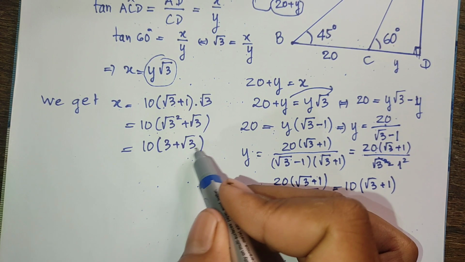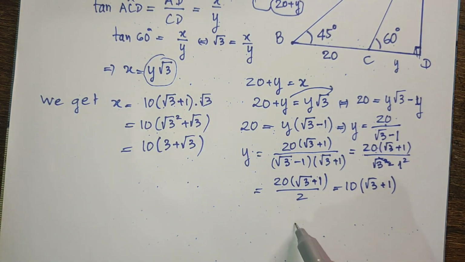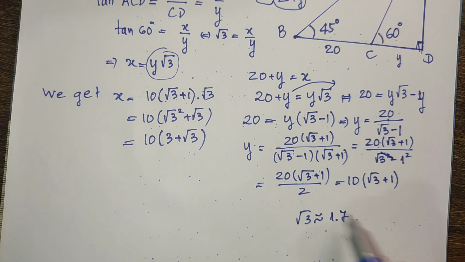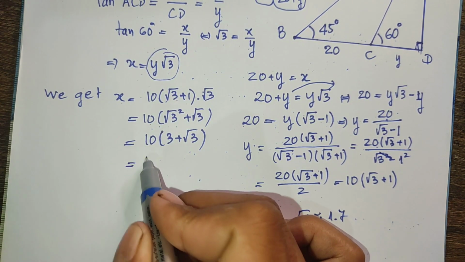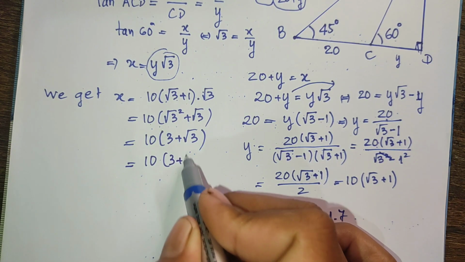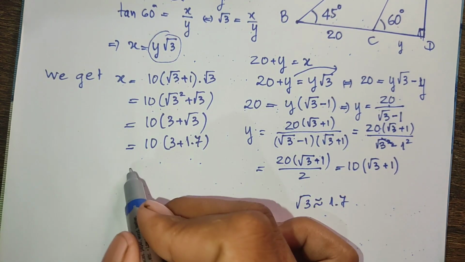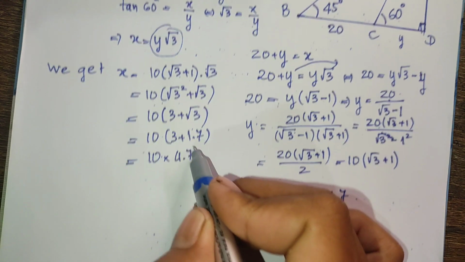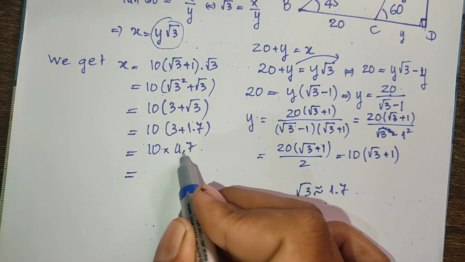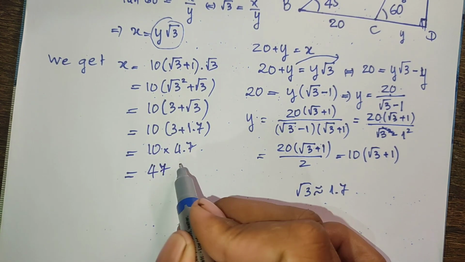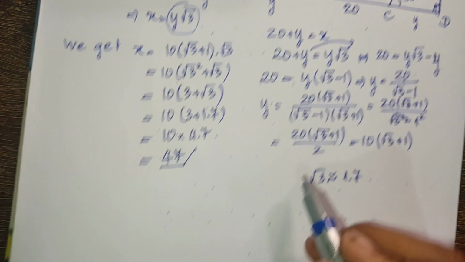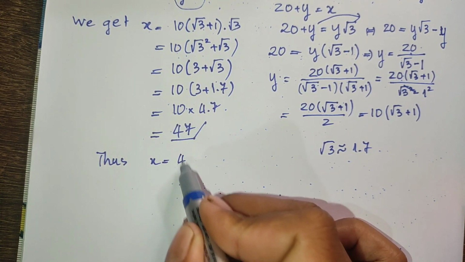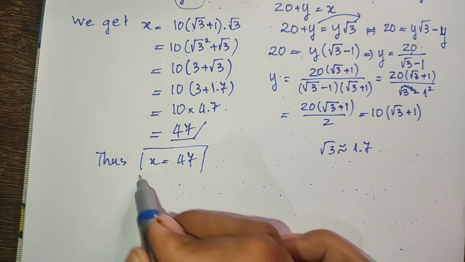And we know that square root 3 is equal 1.7. So I replace it by 1.7 and we get 3 plus 1.7, and so it's equal 10 multiplied by 4.7, which is equal 47. 47 is the value of h. And so now h equal 47 is our solution.